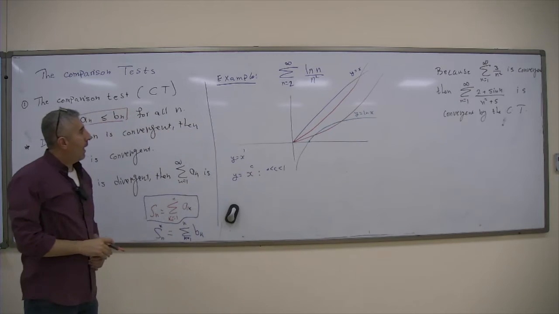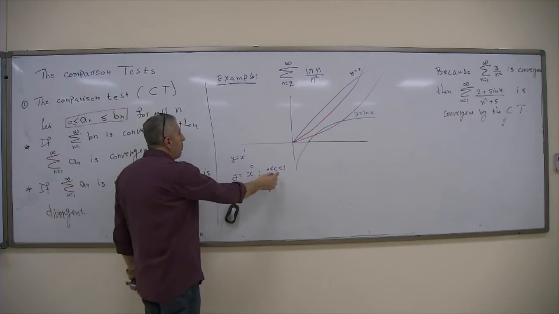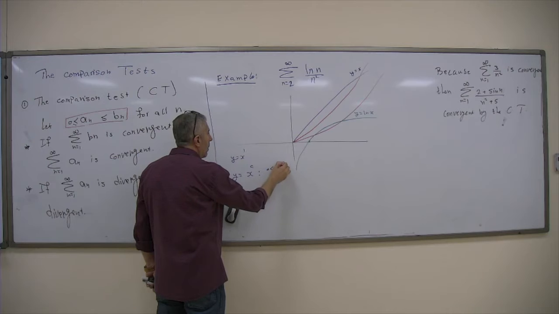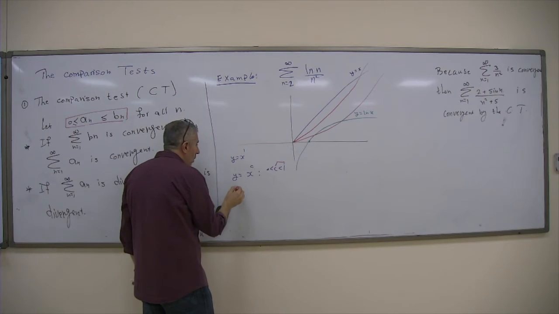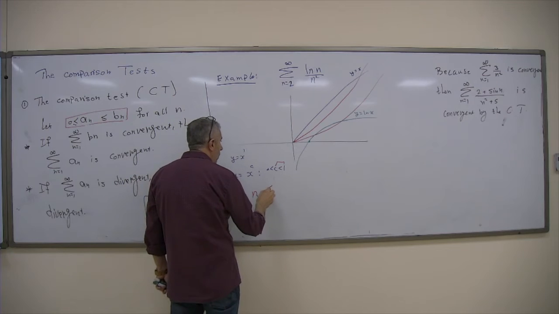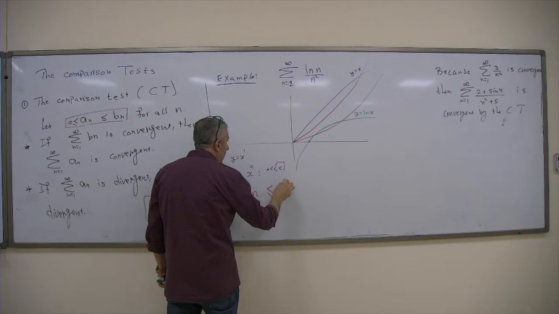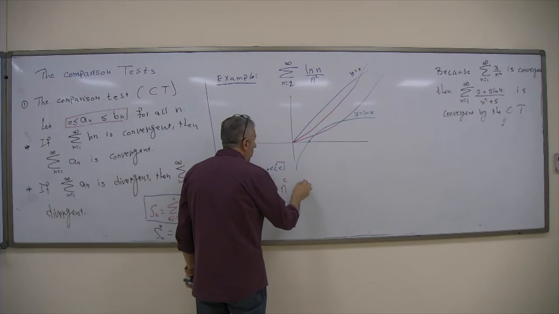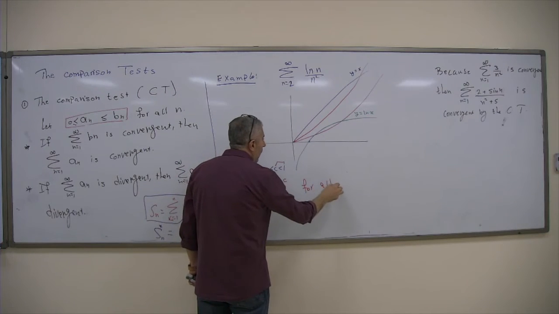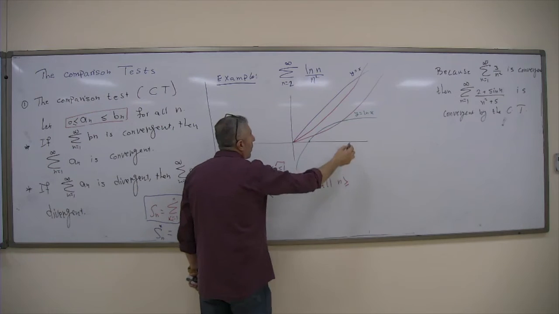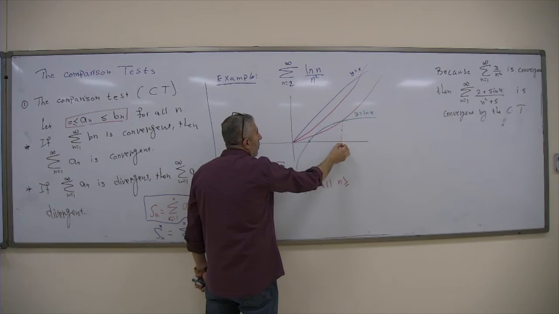So what does it tell us? Let's here take c to be close to 1. So this tells you that ln n is smaller than or equal to n exponent c for all n larger than or equal to some value n0.